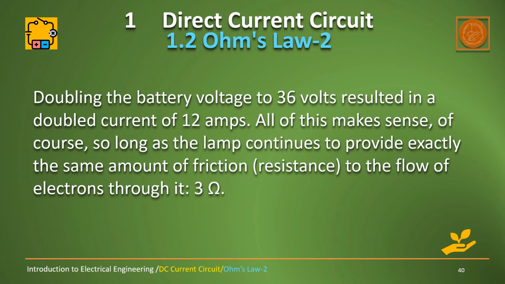Doubling the battery voltage to 36 volts results in a doubled current of 12 amperes. All of this makes sense, of course, so long as the lamp continues to provide exactly the same amount of friction, called resistance, to the flow of electrons through it, 3 ohms.